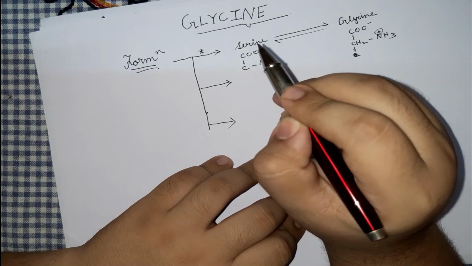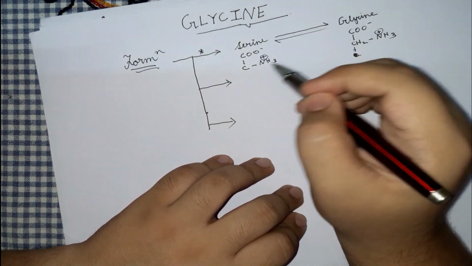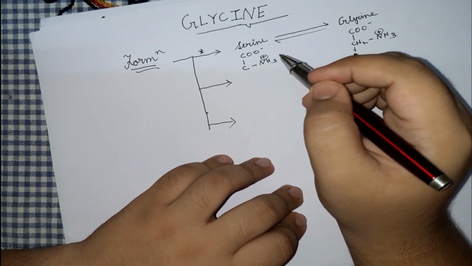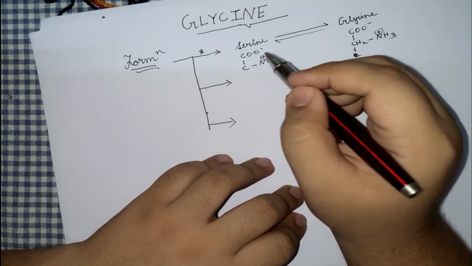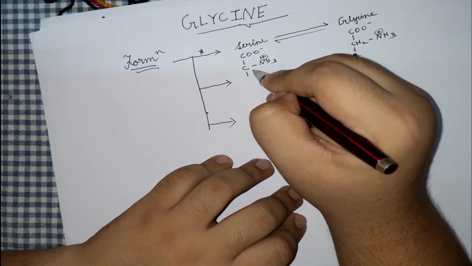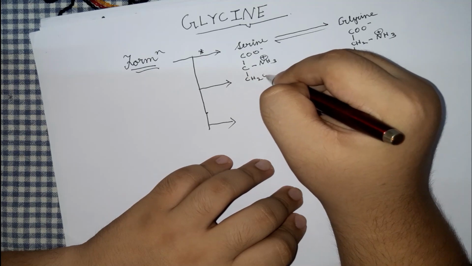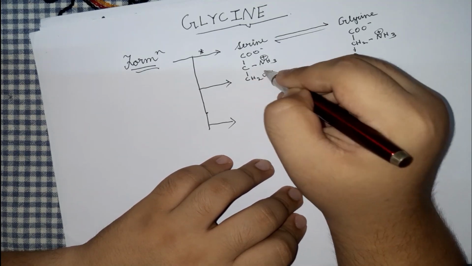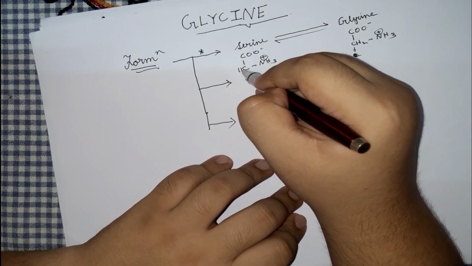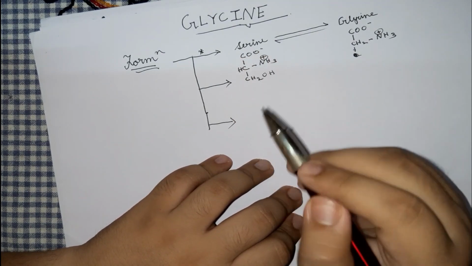Now, serine is one of those amino acids which has a hydroxyl group. So where would that hydroxyl group be? That hydroxyl group will be here with another carbon. This will be CH2. So this is the structure of serine.